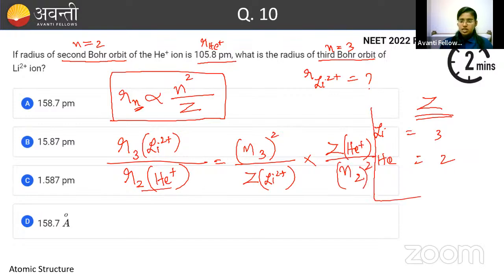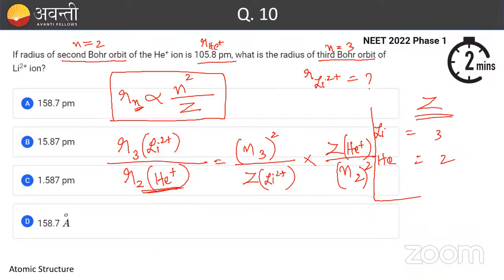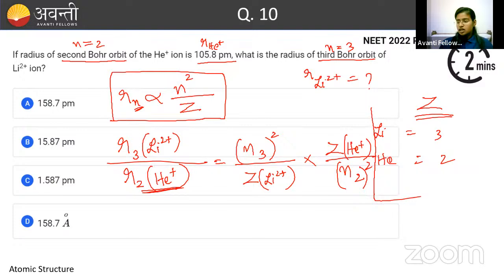Since helium plus is in the denominator, it goes to the numerator, so the n and Z get reciprocated with each other. Got it? This is the formula. Now you can substitute. We are asked to find R3 of lithium 2 plus, right?